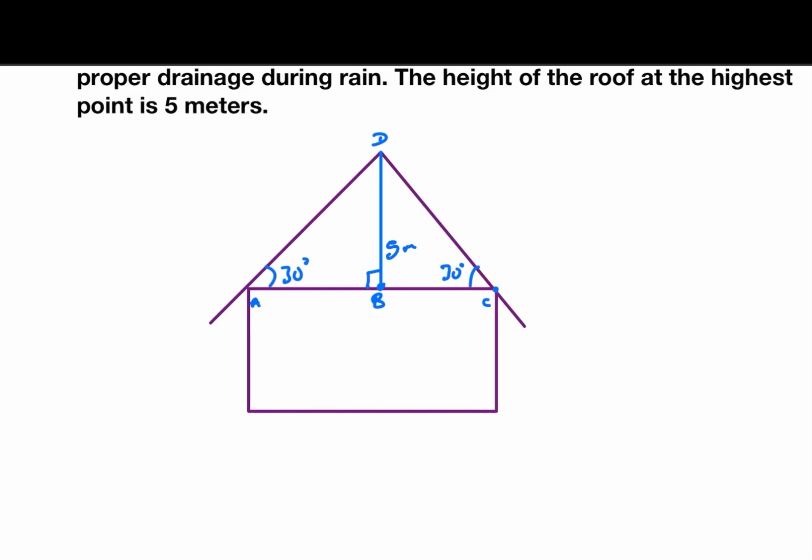But if you look at this carefully, if you take a line that is perpendicular to this line and put it at the center, at the midpoint of this line, meaning therefore this line AB is equal to this line BC, right?